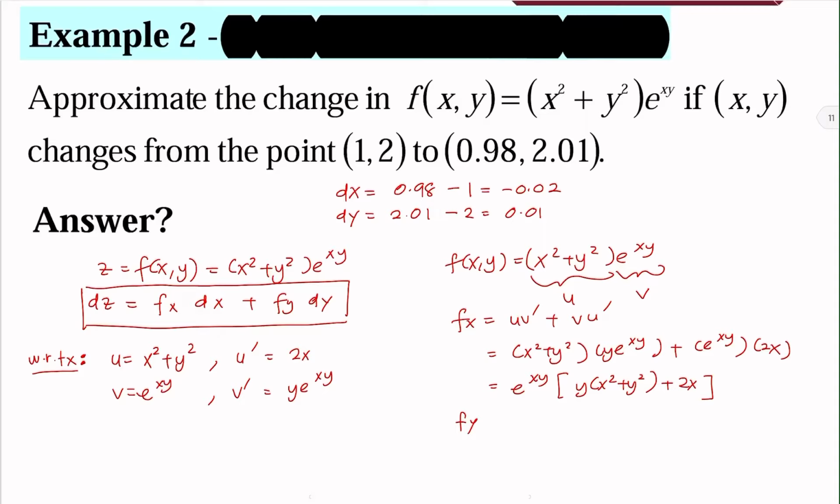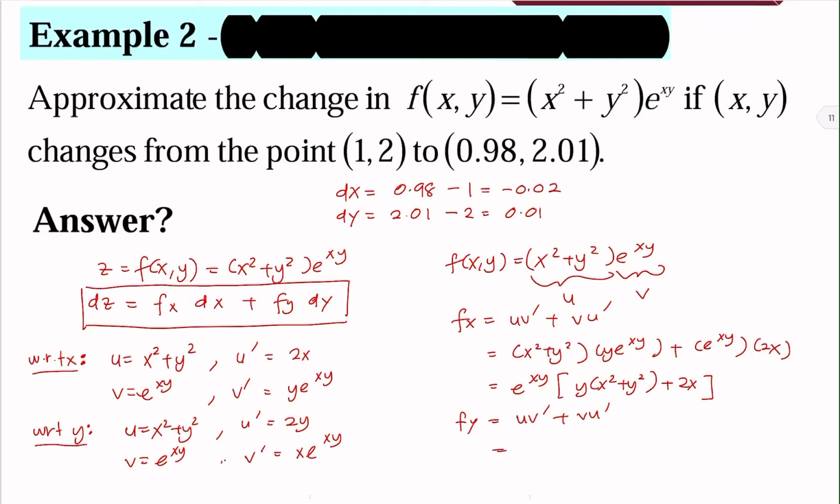Now we want to find f_y. For f_y we still need to use the product rule. This time with respect to y, u is x squared plus y squared, so u prime becomes 2y, and v is e^(xy) and v prime becomes x e^(xy).